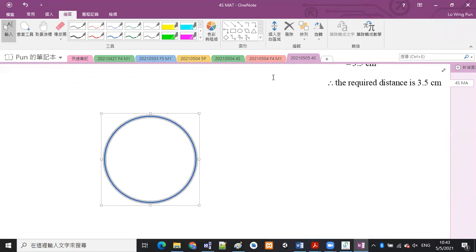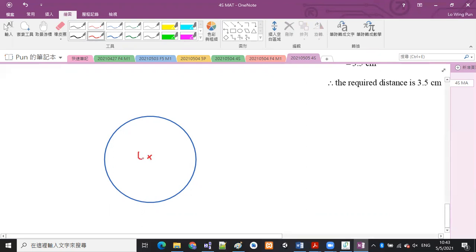Okay, it depends on whether the angle point is at the center or at the circumference. It will be like this. So let me do it like this. And for example, if this is the center O, center of the circle is O, and then if we have point A on the circumference and point B also on the circumference.